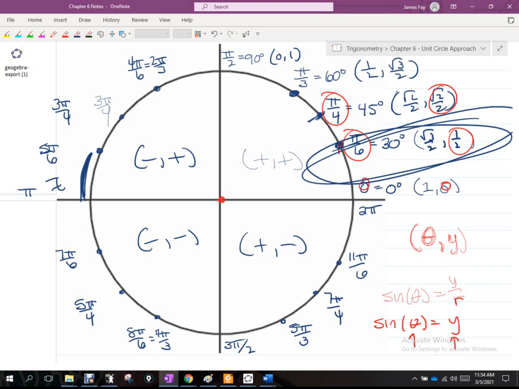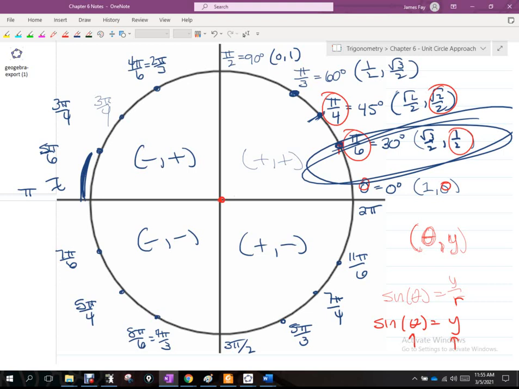Yes. And there are other relationships that we're going to find out. Let's think about this. Let's go with sine.